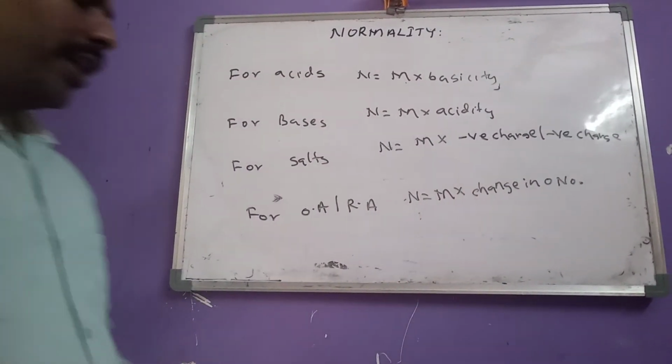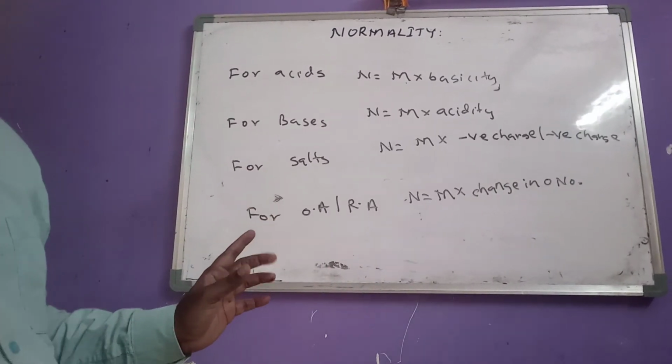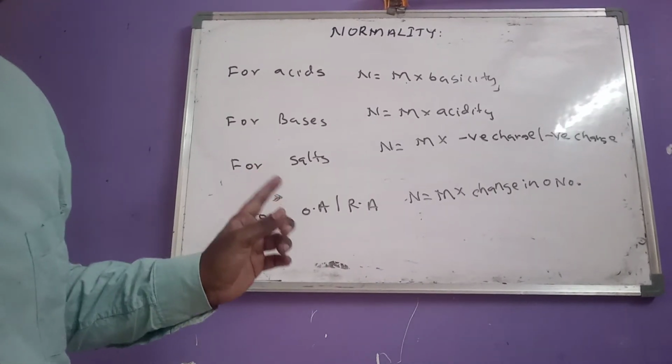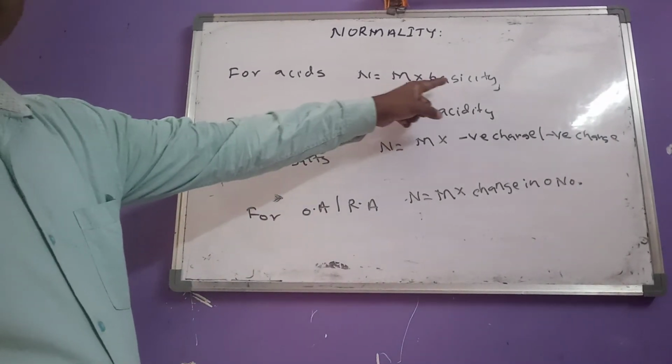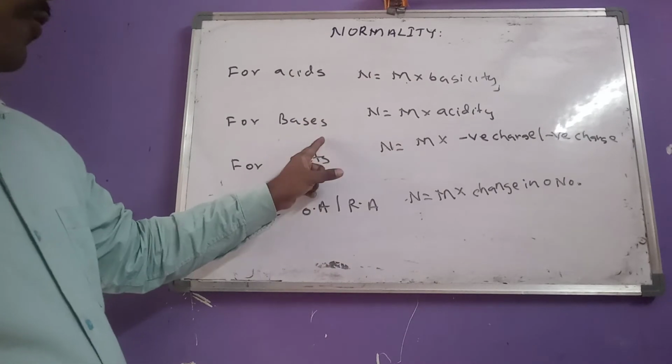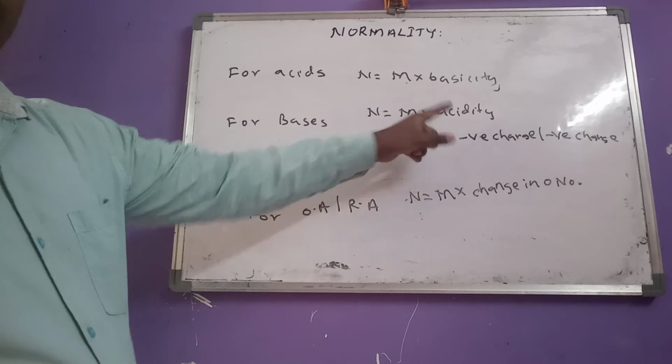So these are the formulas used to calculate normality from a given molarity. For acids, multiply molarity with basicity. For bases, multiply molarity with acidity.